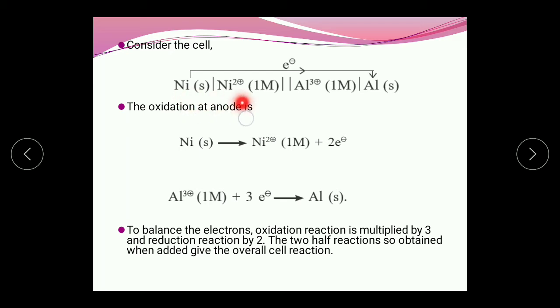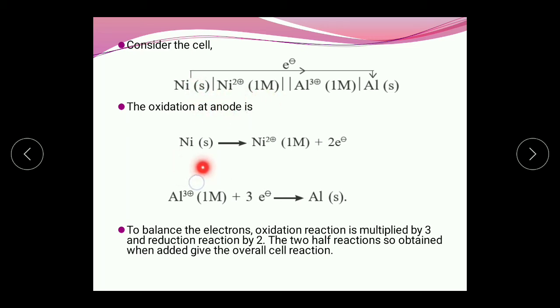So, Ni plus 2. That means at the anode, which is on the left hand side, nickel will be the anode. Hence, oxidation will take place at this electrode. As aluminum is at the right hand side, at the cathode, or at the aluminum electrode, reduction will take place. Oxidation means removal of electrons.